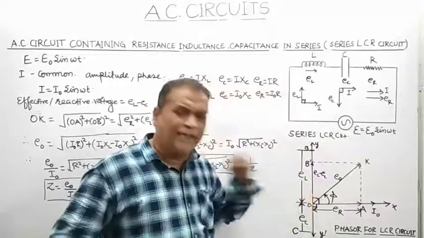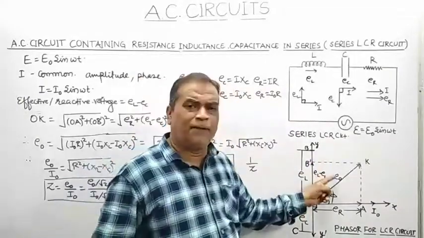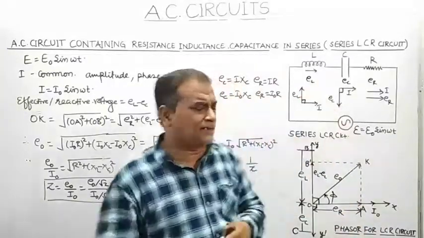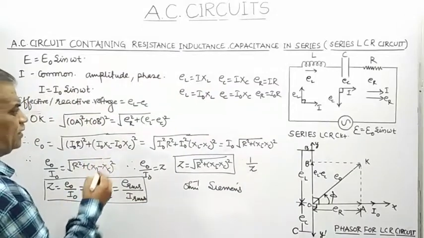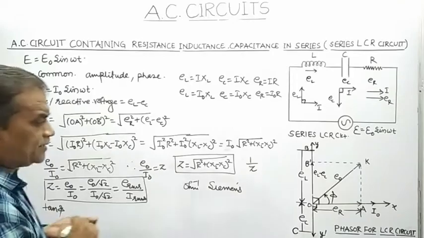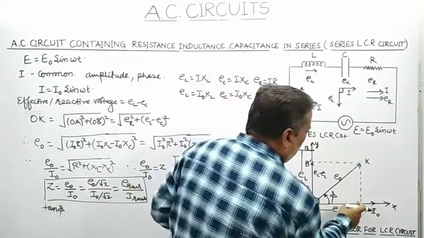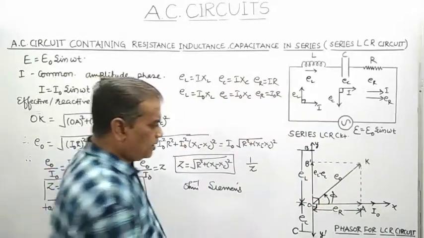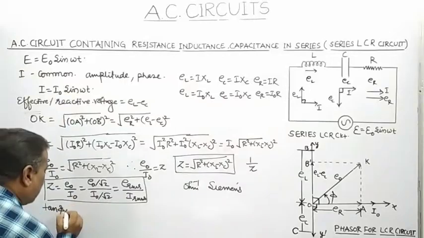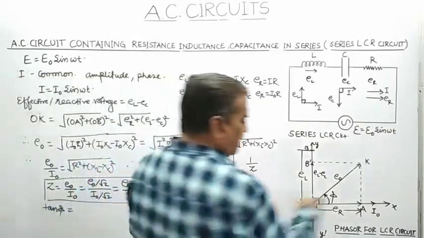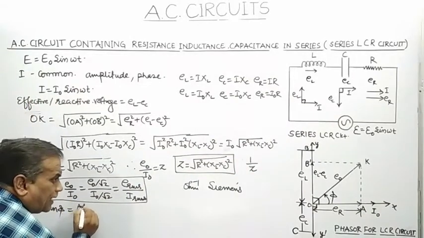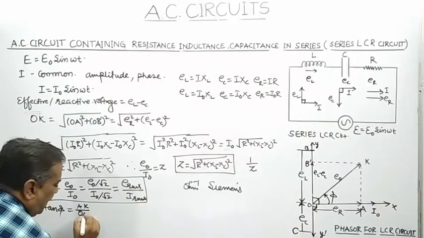So if phi represents the angle by which EMF leads the current I0 in the series LCR circuit, then what is tan phi? See here, in triangle OAK, this angle phi is taken in anti-clockwise direction, and tan phi is equal to opposite side AK divided by adjacent side OA.